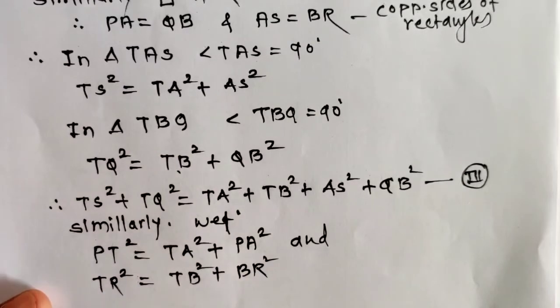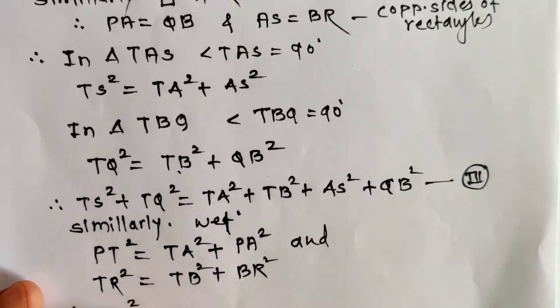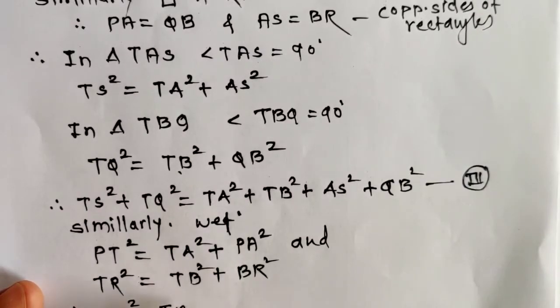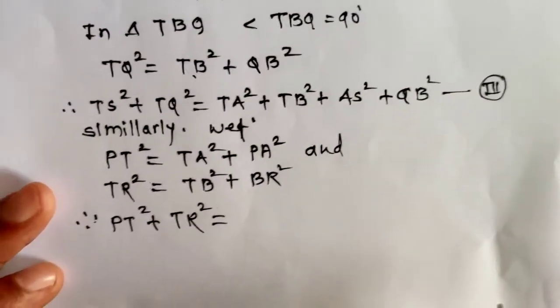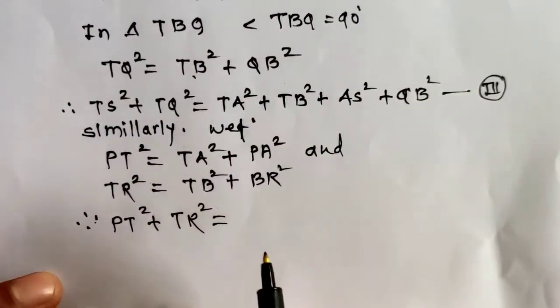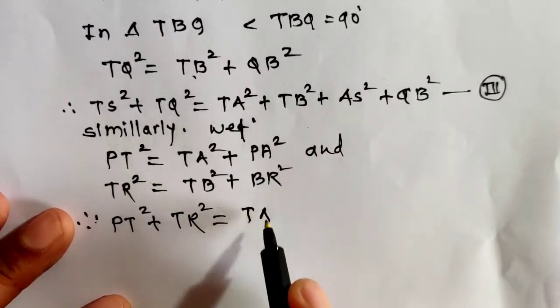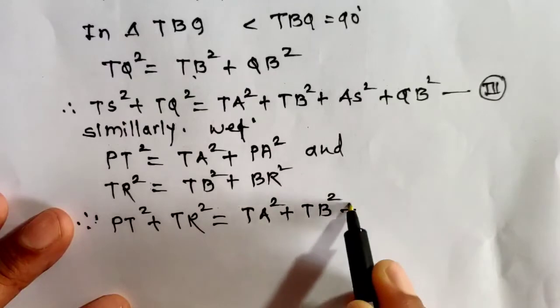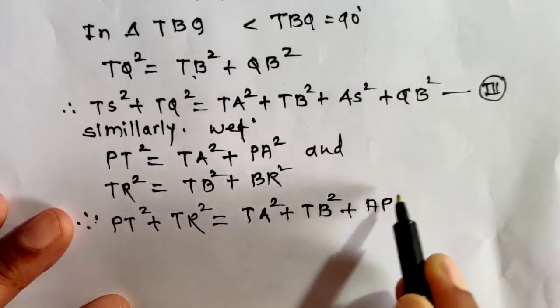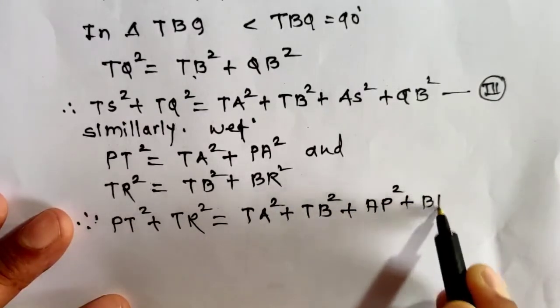Now add these two, therefore PT square plus TR square, that is our right hand side to prove. PT square plus TR square is equal to TA square plus TB square plus PA square plus BR square.